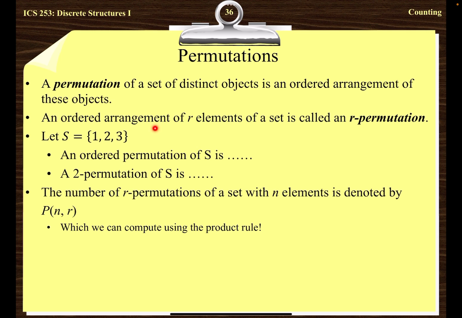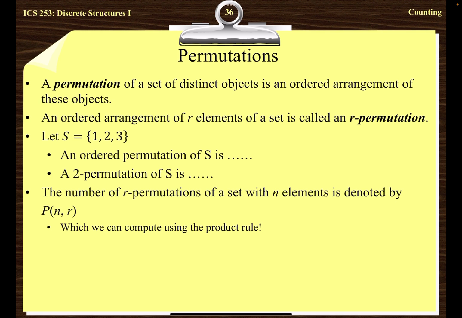No. Elements of the set did not have order. So with a permutation, you are imposing an order on the elements of the set. Okay, what is an R permutation? Well, an ordered arrangement of R elements of a set is called an R permutation.